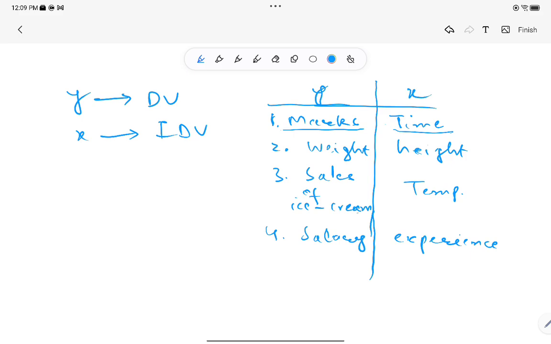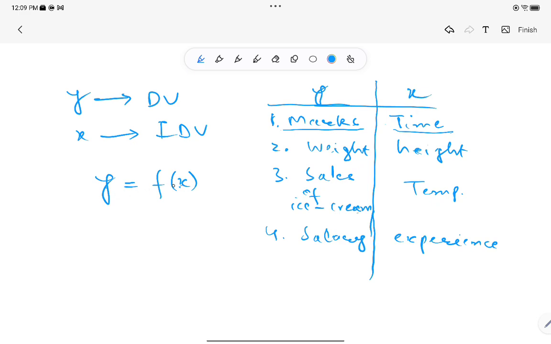From this example we learn that there are many things which depend upon each other. Why is this important? Because when something depends upon something else, say y depends upon x, we write it as y is a function of x. Y is a function of x simply means y depends upon x. So if x changes, y will change.